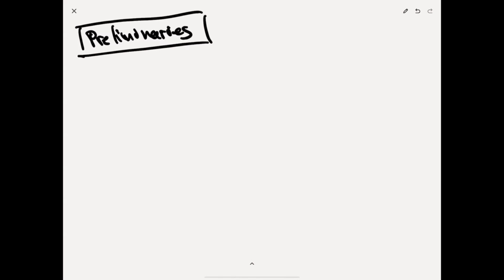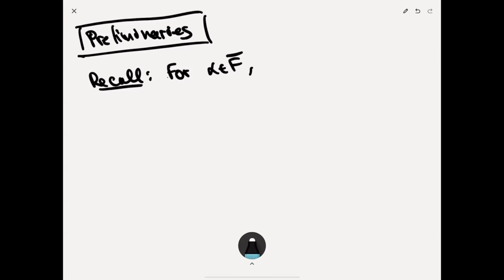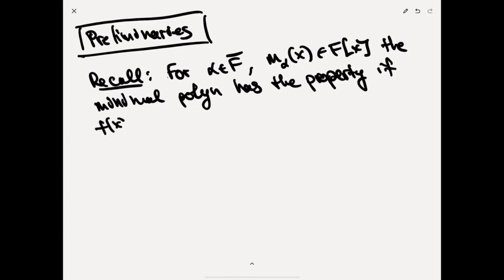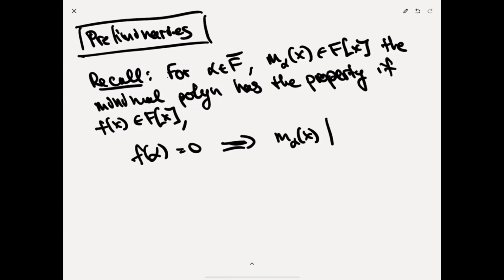I just want you to recall that for alpha in F bar, an algebraic element, the minimal polynomial m alpha has the property that if f of x is a polynomial and it vanishes at alpha, then m alpha of x divides this polynomial.